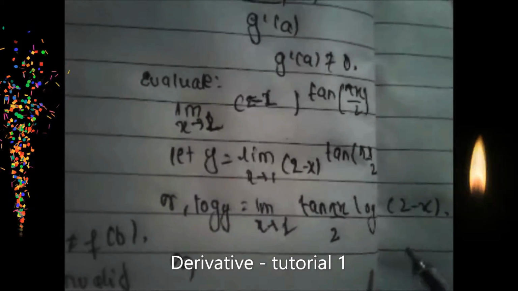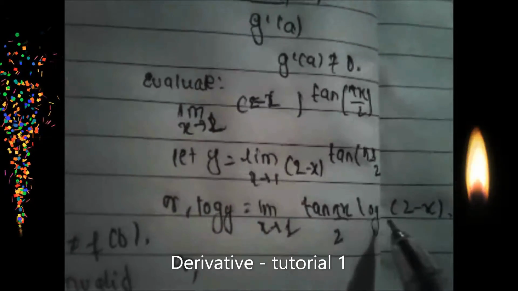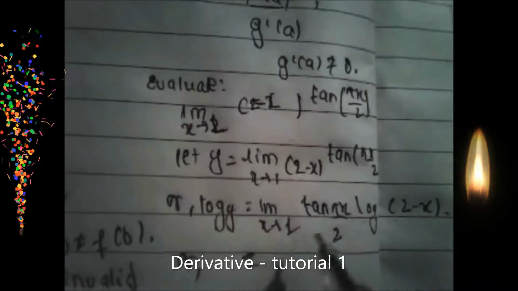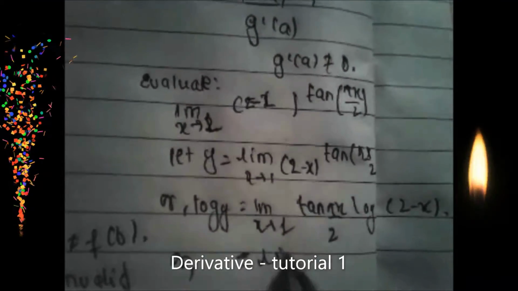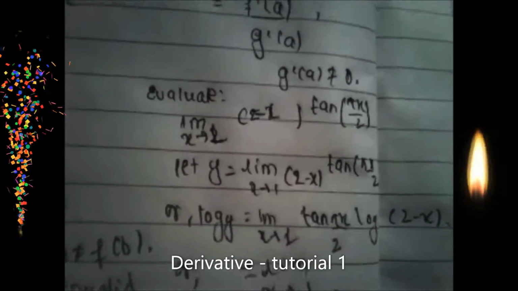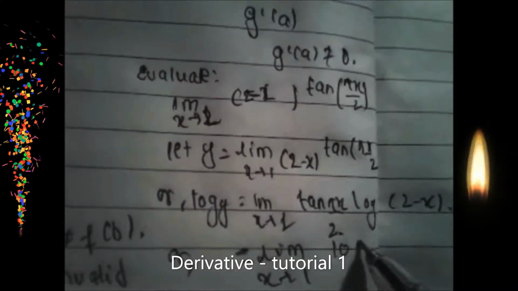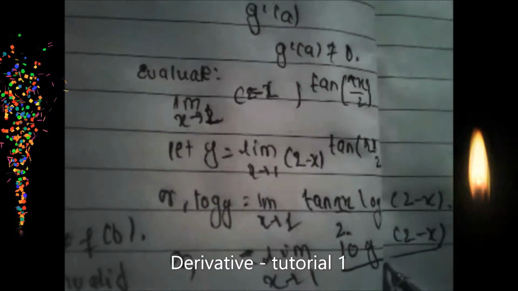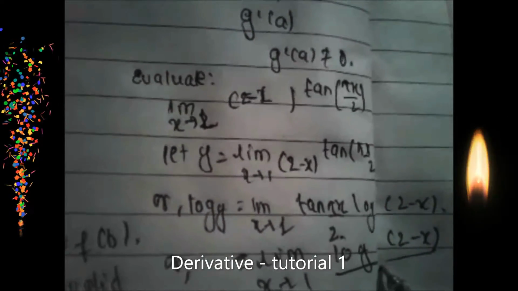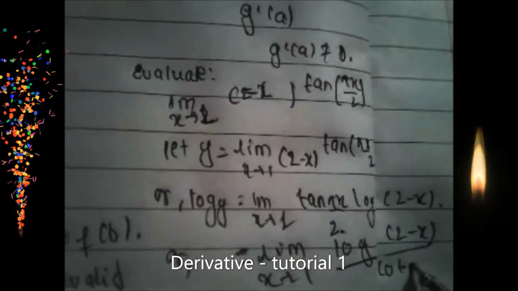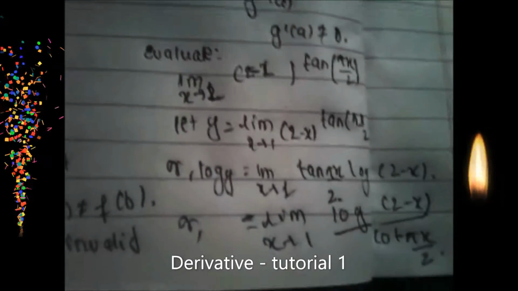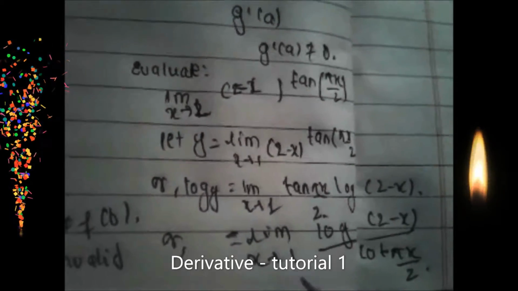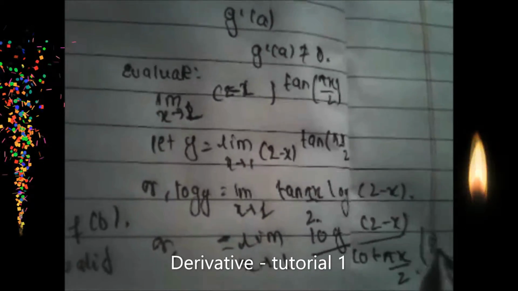How do we make it? Limit x tends to 1 of log(2 minus x) whole by, we take this down, then it becomes cot pi x by 2. This is 0 and this is 0, so it is 0 by 0 form.